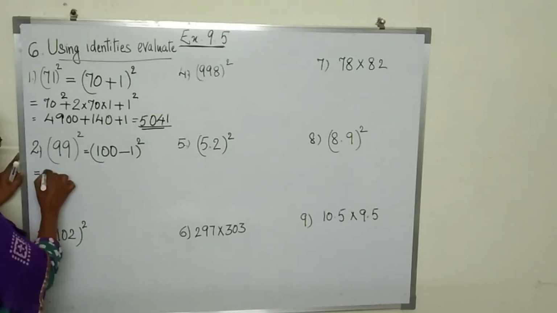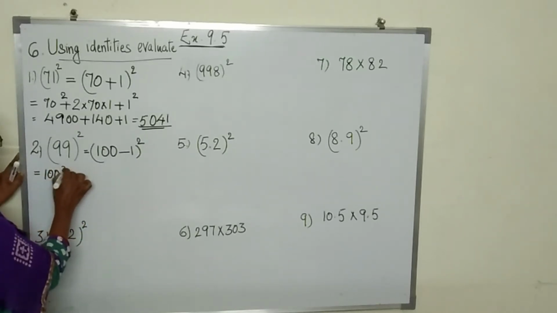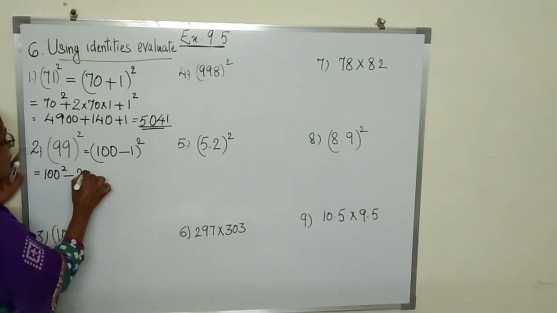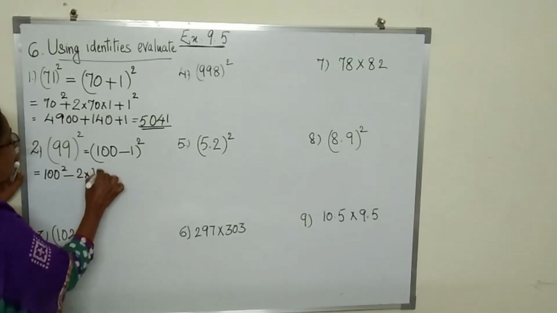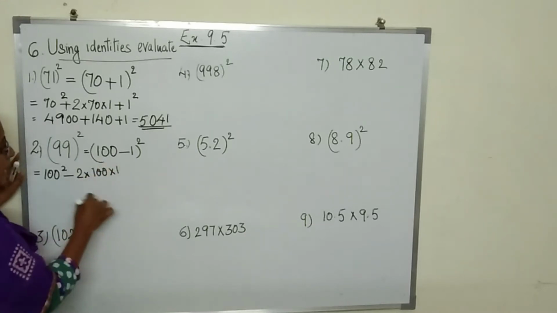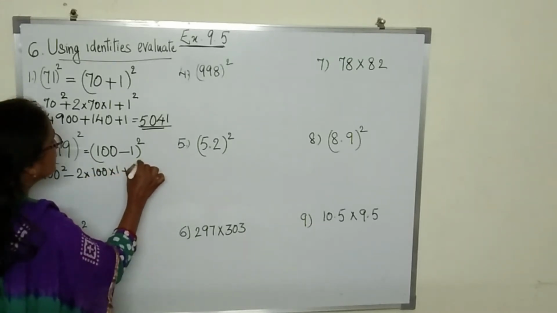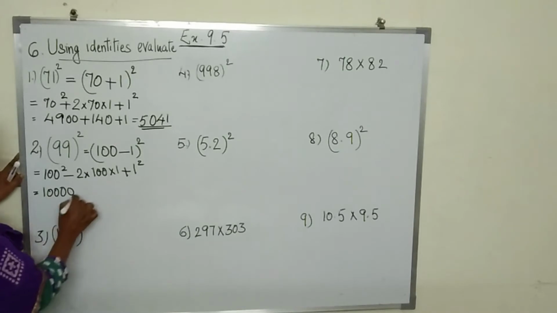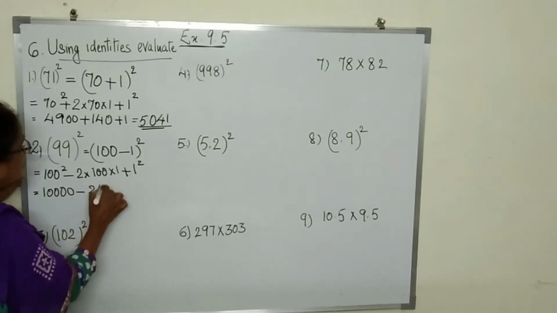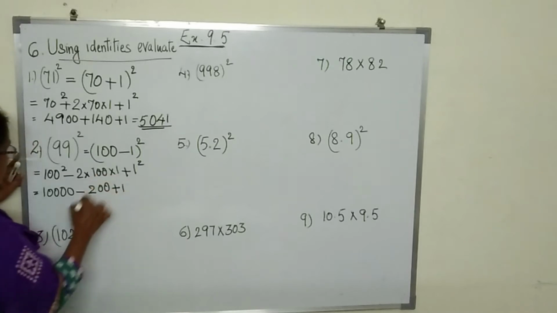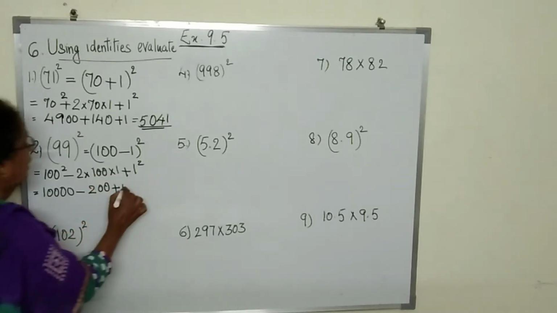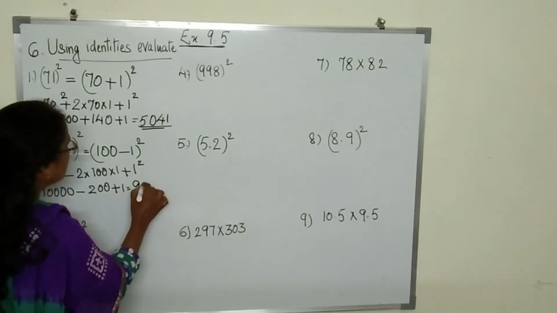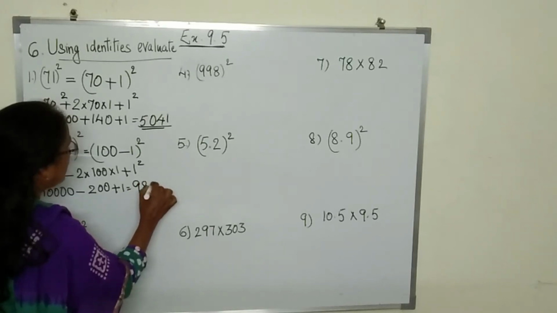That is equal to a square minus 2ab plus b square. That is 10,000 minus 200 plus 1. 10,000 minus 200 is 9,800 and plus 1.